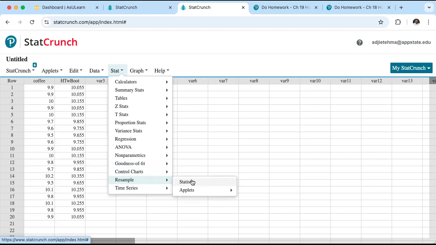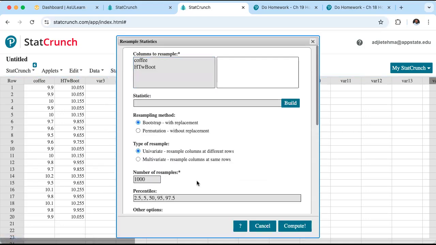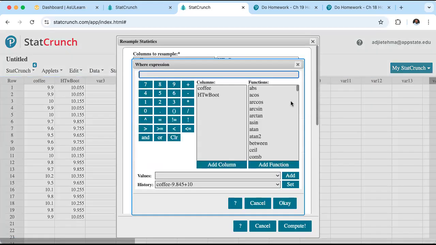Start resample statistic, and then you click on that. What column do we want to resample? We want to resample the HTW boot. So you click on that. And then for the statistic, let's click build.